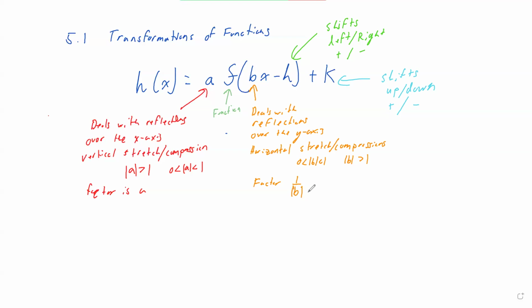And another big thing to note as well is what is the order to best graph these? So the order, that's not an order of transformations. The first thing you want to deal with is your horizontal shifts.